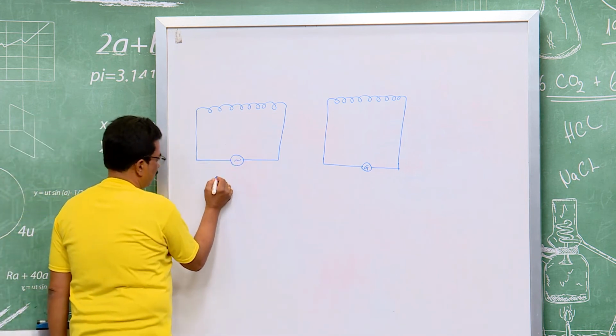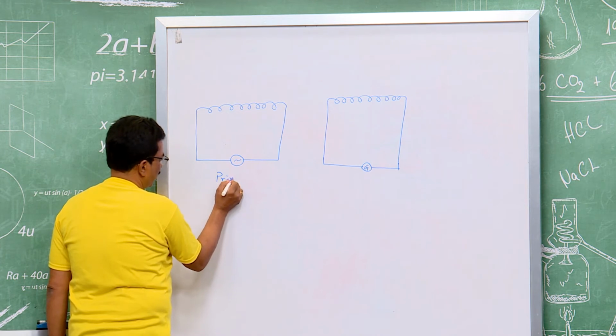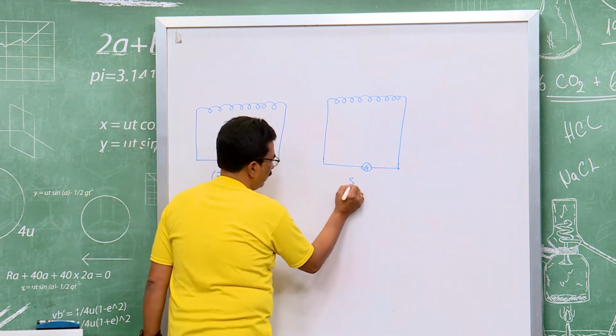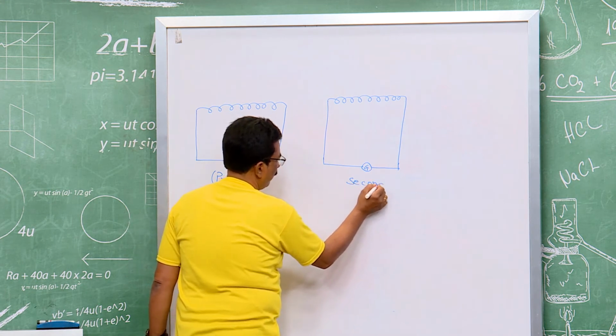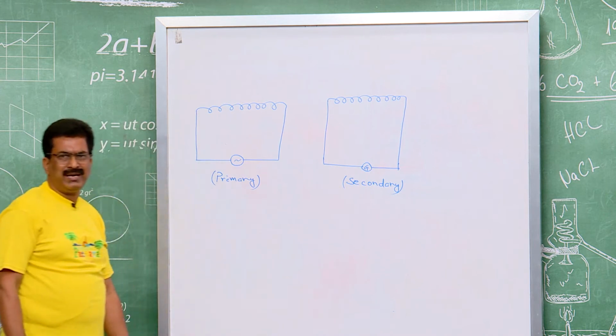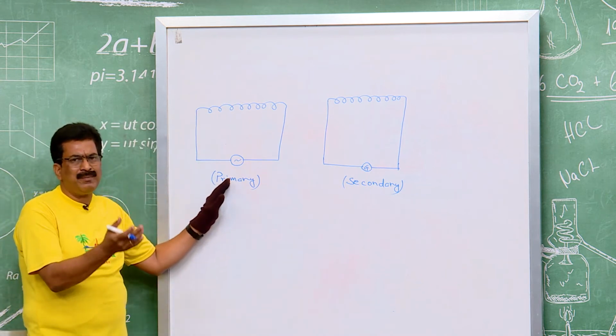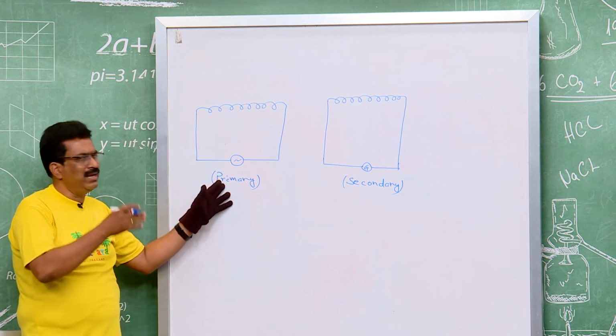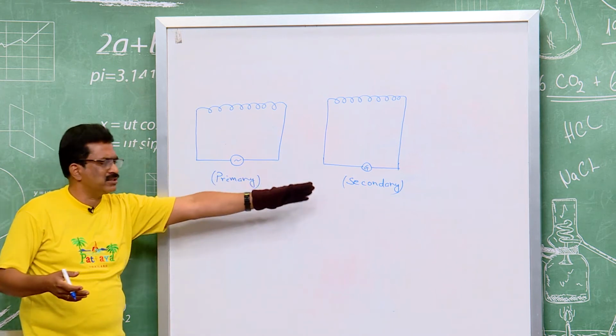This is the first coil; let us take the first as the primary. This is the secondary. As we say, primary education means the starting one, the fundamental, and its higher form is the secondary.